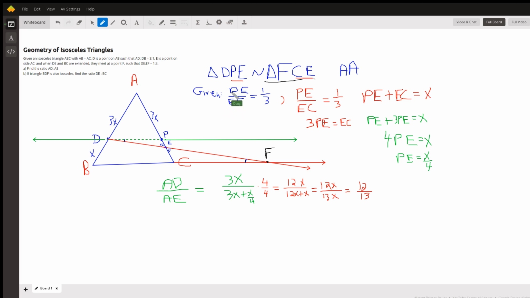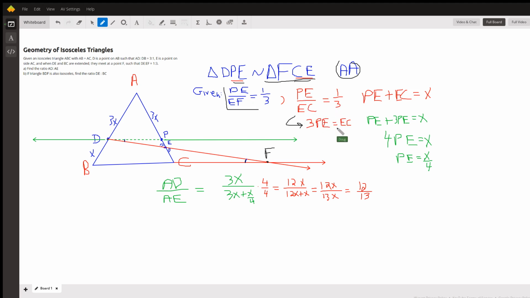We're given that DE is to EF as 1 is to 3, which, because the triangles are similar by angle, all corresponding sides have the same ratio. So PE to CE must be the same as DE to EF, which is 1/3. And that allows us to make this conclusion right here.